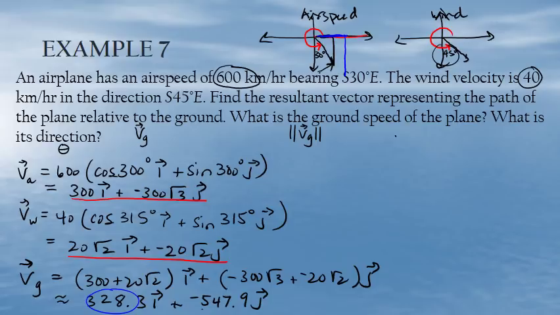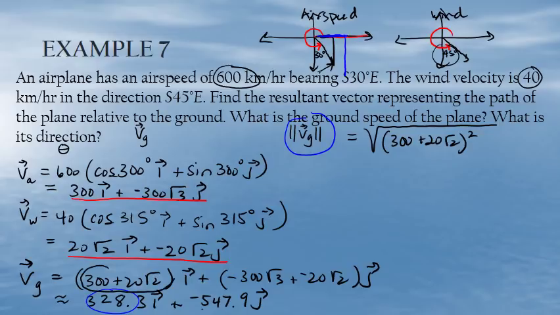To get the ground speed, I now need to find the magnitude. Do you remember how to find the magnitude? That's where we use the Pythagorean theorem. So I'm going to take my 300 plus 20 root 2 squared, and that is the i component of my ground speed vector.